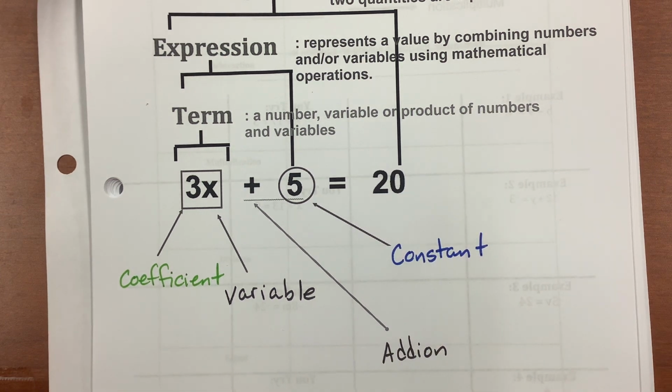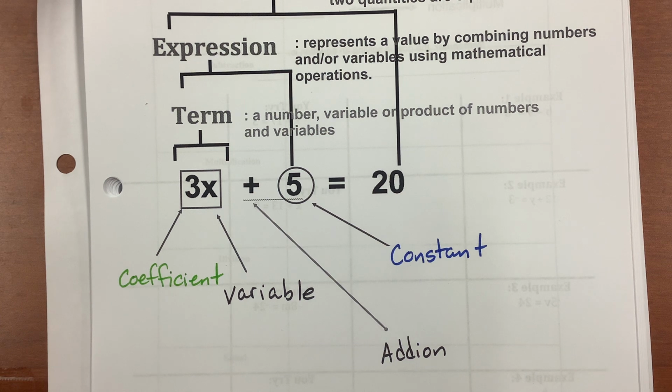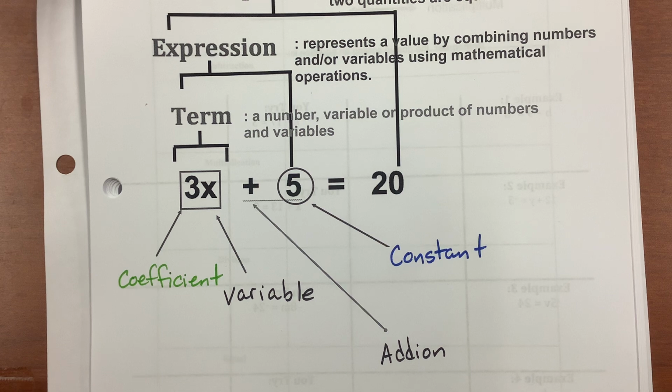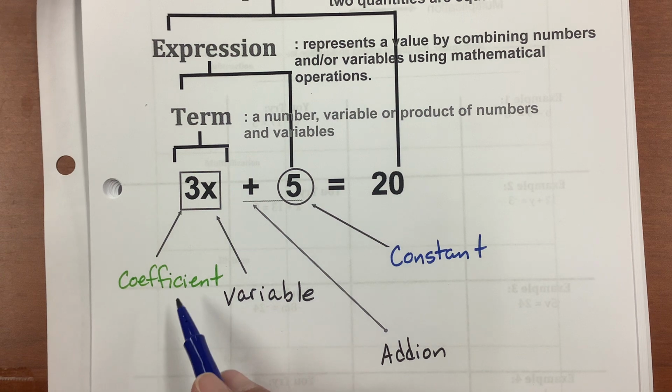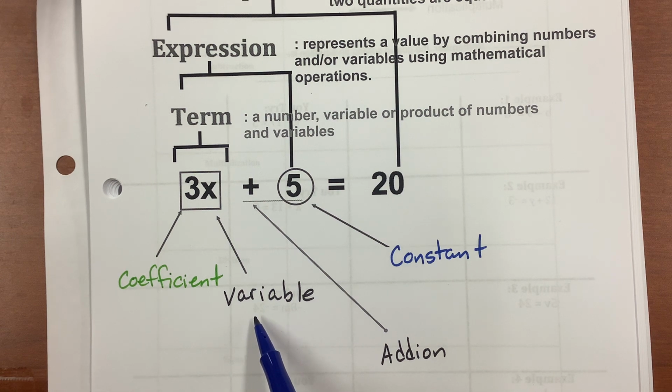Now, I'm sure you've heard something like E equals mc squared, and the c stands for constant. In that particular equation, the constant is the speed of light. But constant is just a number that stays the same. Thus the word constant. It's constantly the same. A variable can change. And a coefficient is what you multiply times a variable.